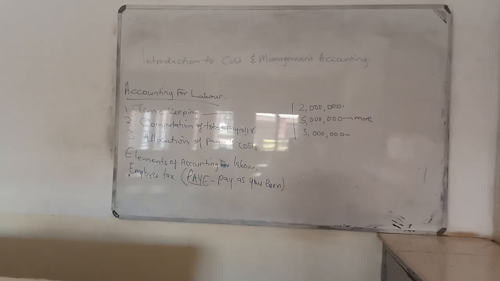Again, the other element is that apart from employee tax, we also have employer tax and the fringe benefit costs. So these also are supposed to be accounted for when we're talking about labor.